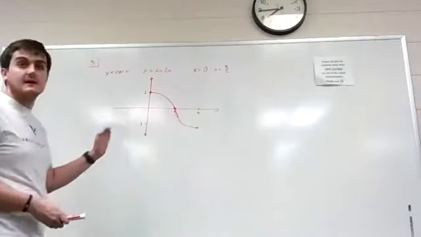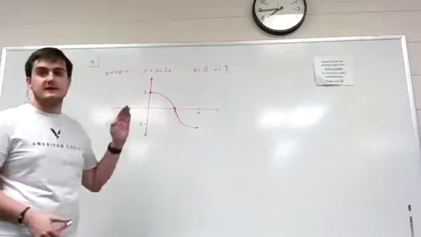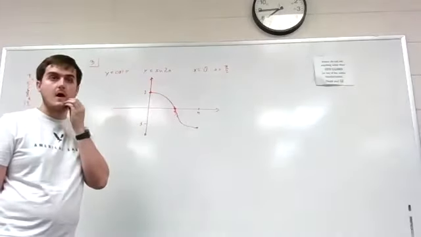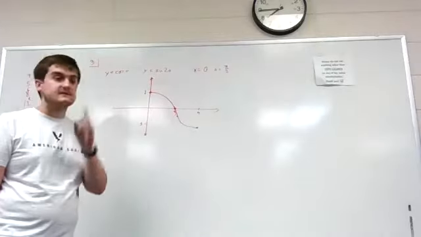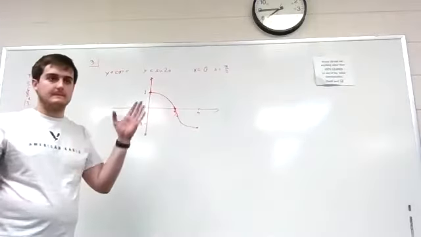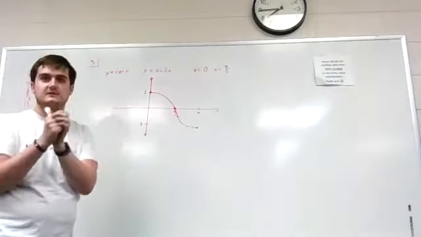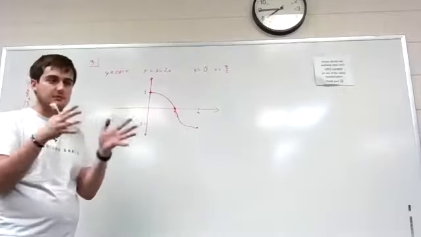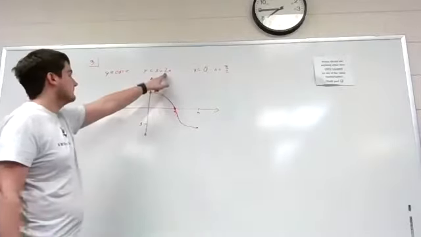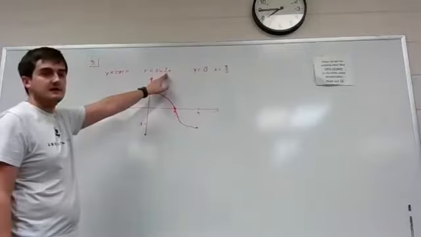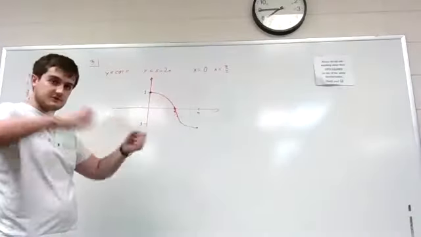Now sine. What's the difference between sine of x and sine 2x? It's squished. Yes, it's compressed. If you have a fraction in here that's smaller than 1, then it's going to stretch it out.